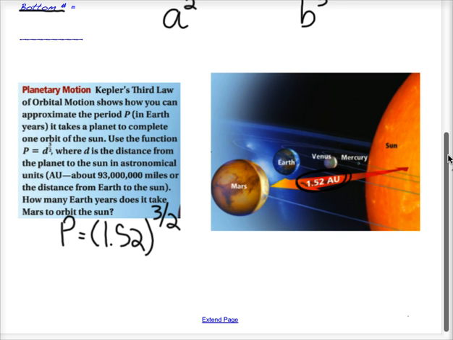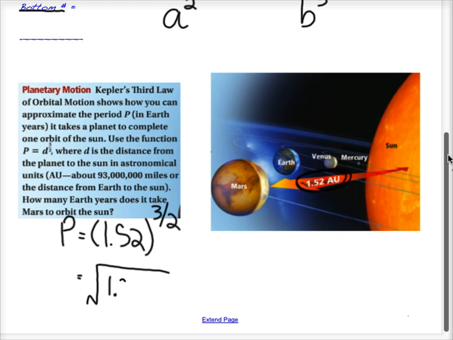Now we're looking for the period. We're looking for P. Well, again, in the calculator, we know how to plug in radicals. So that dividing by 2, the bottom of my fraction represents that it is a square root. So the 2 on the bottom of my fraction represents a square root.